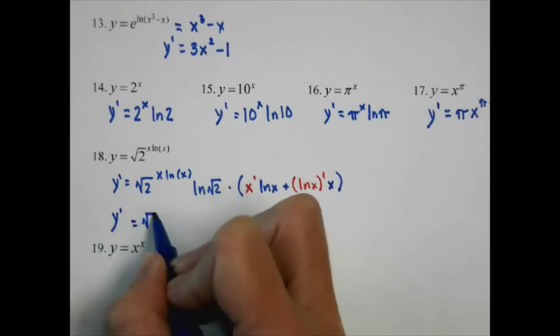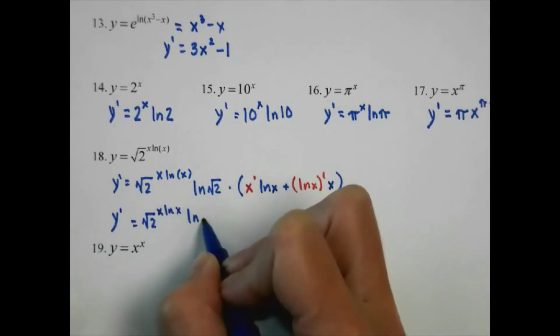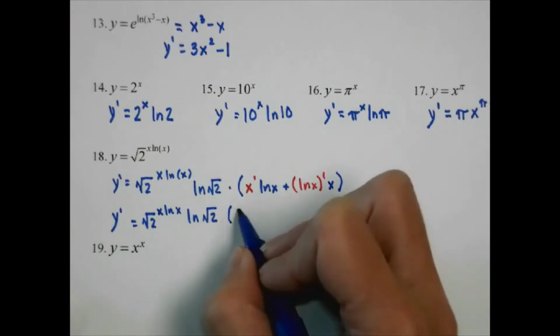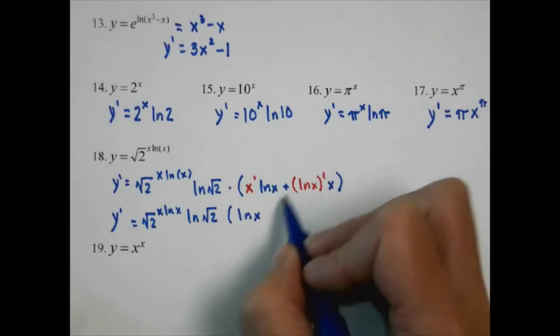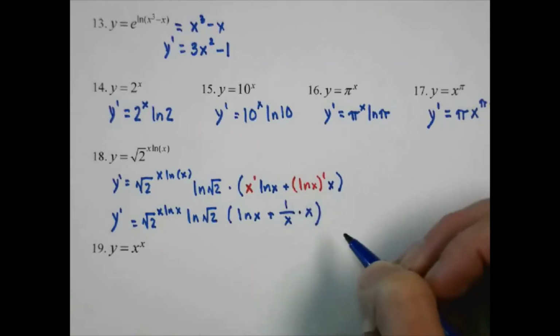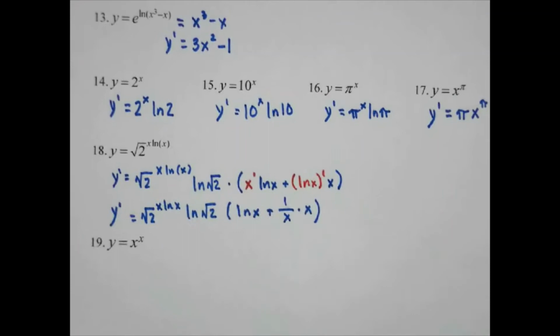So this is going to be root 2 to the x natural log x, natural log root 2, and then on the inside 1 times natural log of x plus natural log of x derivative is 1 over x times x, which you could take a step further and simplify that to 1 if you would like.